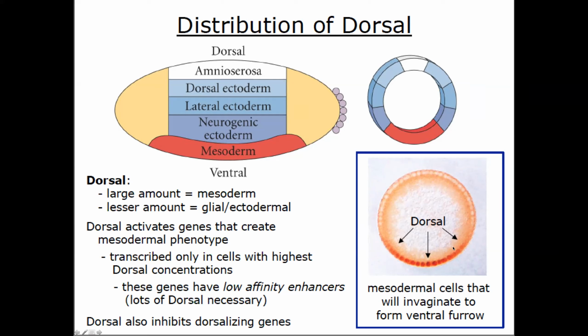So it is the distinct presence of Dorsal and the subsequent inward movement of these cells which is now going to divide and give rise to the three germ layers. So the mesoderm, ectoderm, and the amnioserosa.